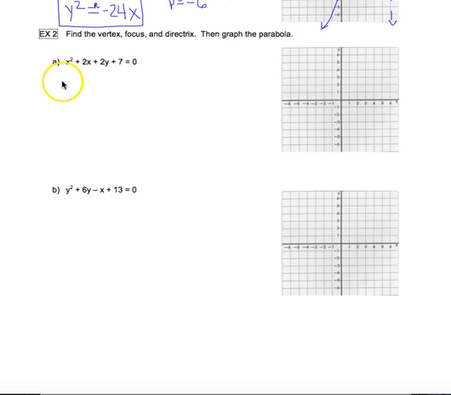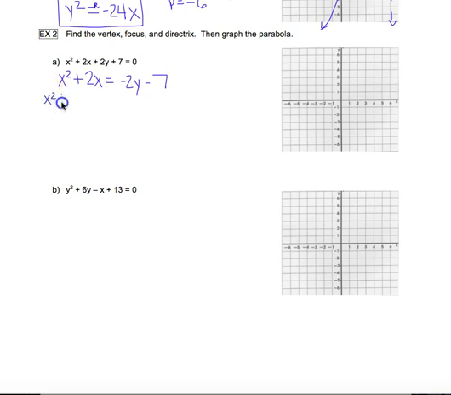With the parabola, it's nice because you're never going to have to double complete the square because only one of the variables is squared. So find which variable is squared, and I'm going to put the x values on my left side. I'm going to move both my y and my constant over to the right side so that I can complete the square on the left.